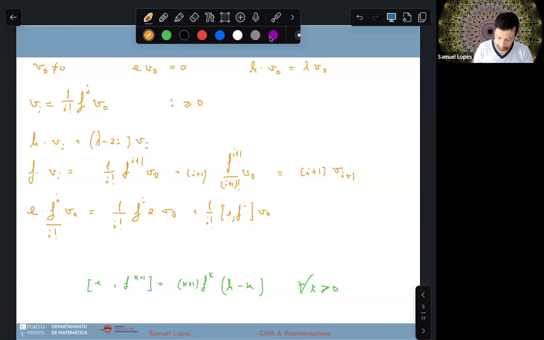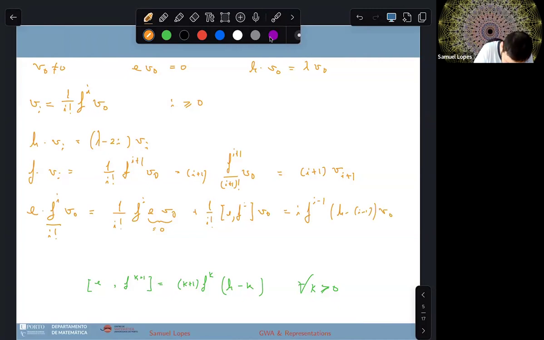And then I can use the formula below, because this first term is equal to 0 because v0 is a maximal vector. Using this formula that I have below, replacing k by i minus 1, I get that this is going to be i, f to the i minus 1, h minus i minus 1 acting on v0.